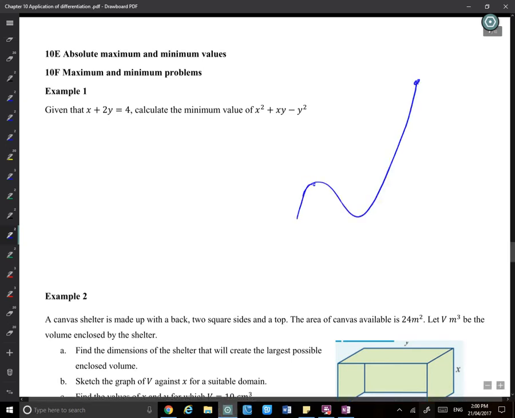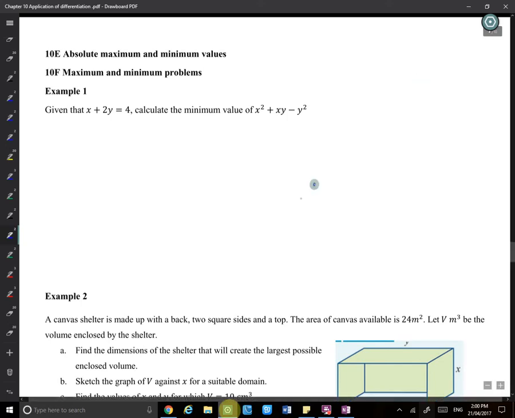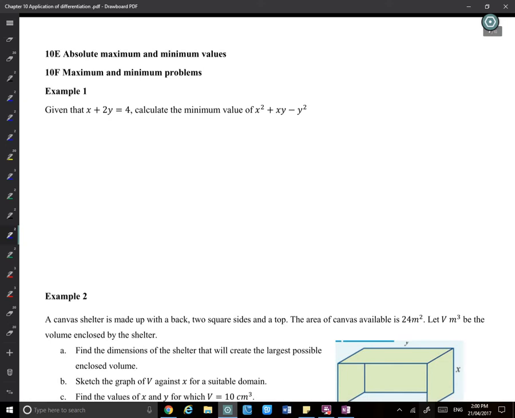Obviously, that point is larger than the turning point, but when you find the derivative, you can only find that point, not the end points, right? So you need to test whether the end point is higher than the turning point or the turning point is actually the absolute maximum. So this is about absolute maximum or local maximum. You need to always keep this in mind.